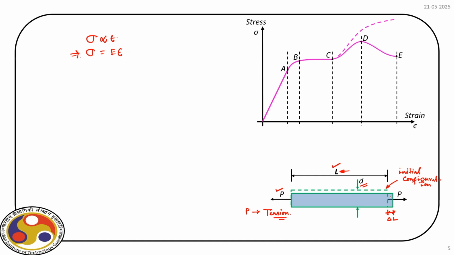Now, not only does the material elongate along this direction, but it also contracts in the orthogonal direction. And this actually causes a lateral strain.